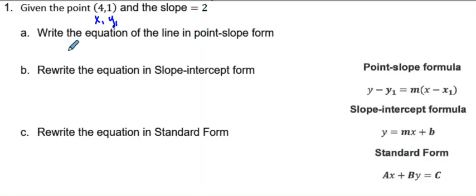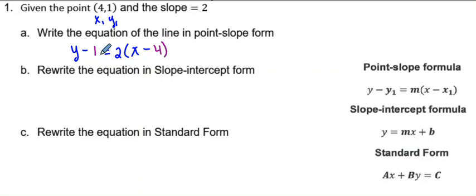You're going to start with writing y minus, and then you're going to put the y coordinate of your point, which is 1. And then equals, write in your slope. My slope is 2 times x minus the x coordinate, which is 4.